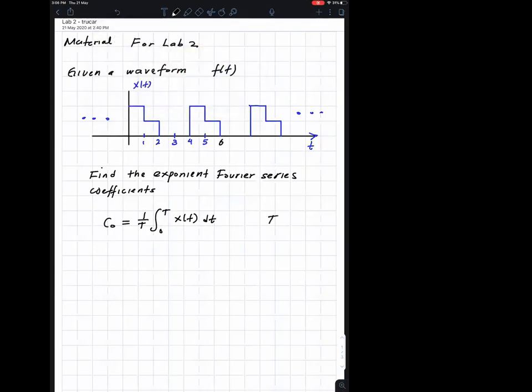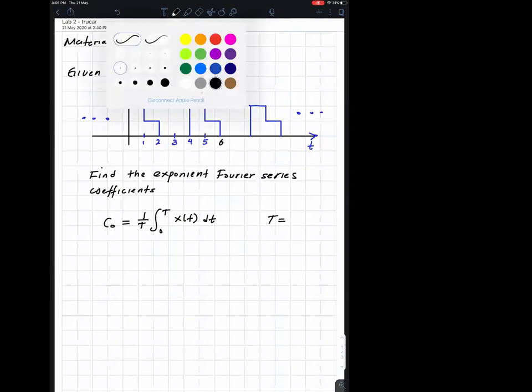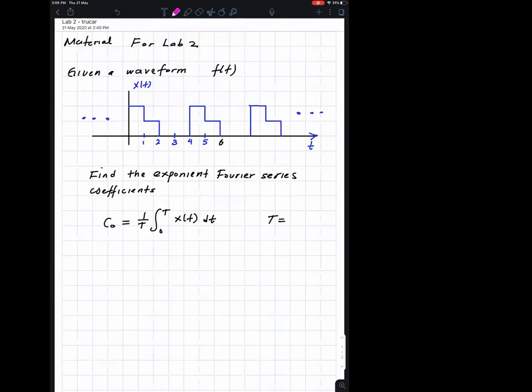T, the period. A lot of people still don't know how to do this. The period, you just look at the diagram here, and then you see the period. So the waveform repeats every 4 seconds.